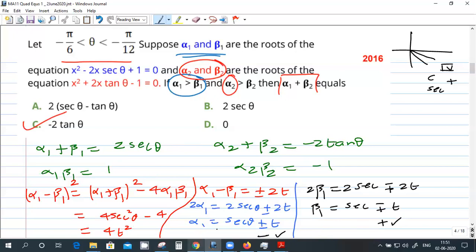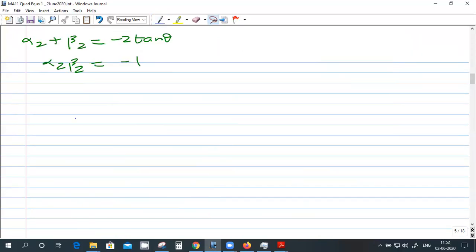Okay, similarly, you have to find alpha 2 and beta 2. Is this correct?